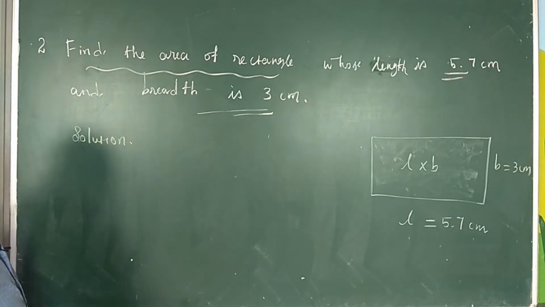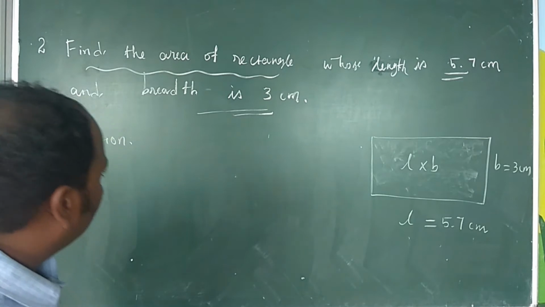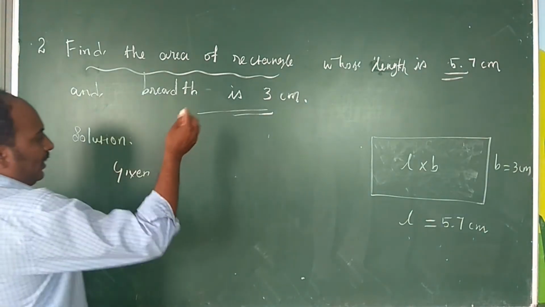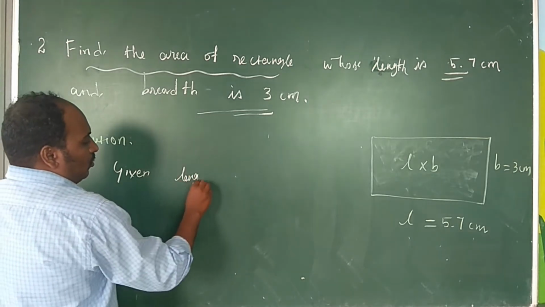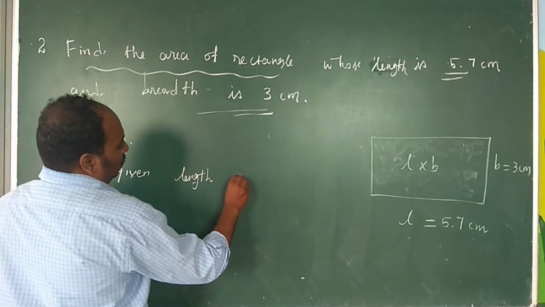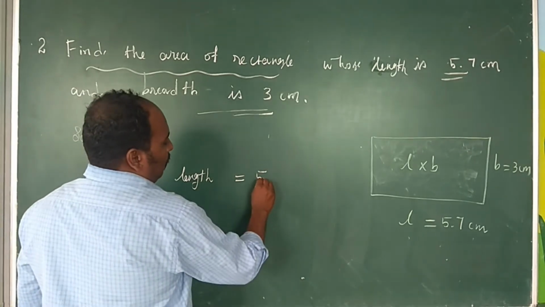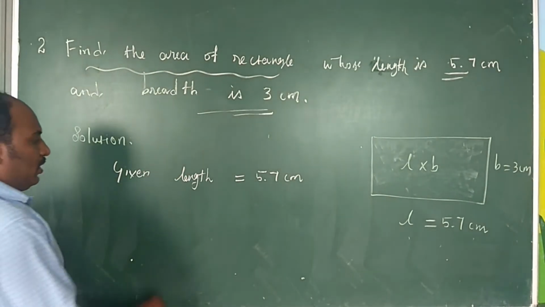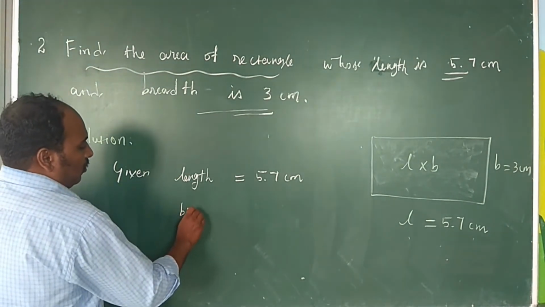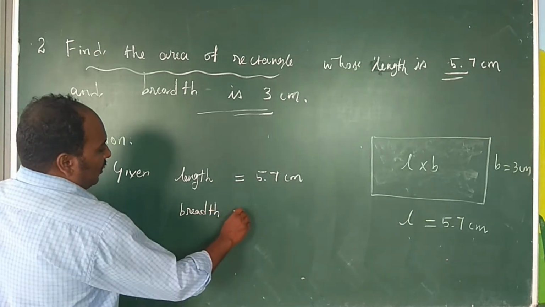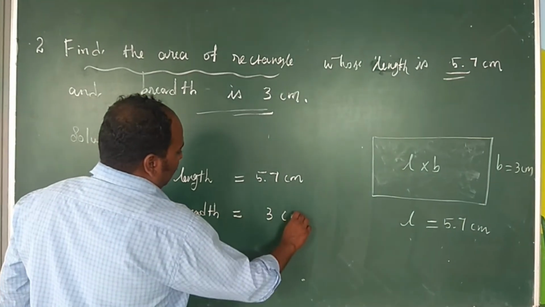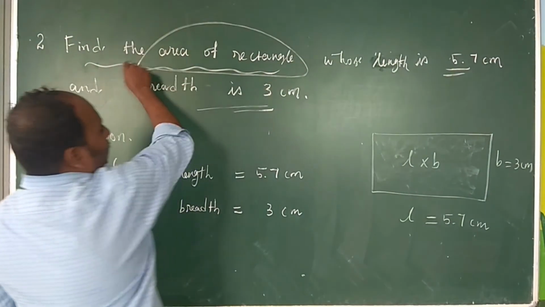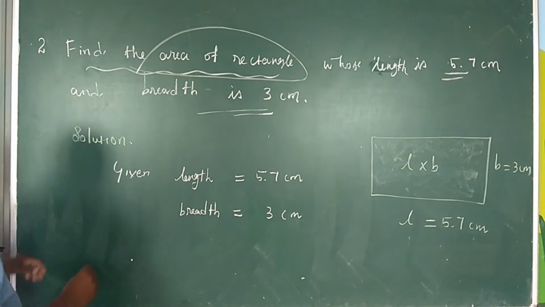Solution. Given length of rectangle is equal to 5.7 centimeter and breadth is equal to 3 centimeter. We want the area of rectangle.